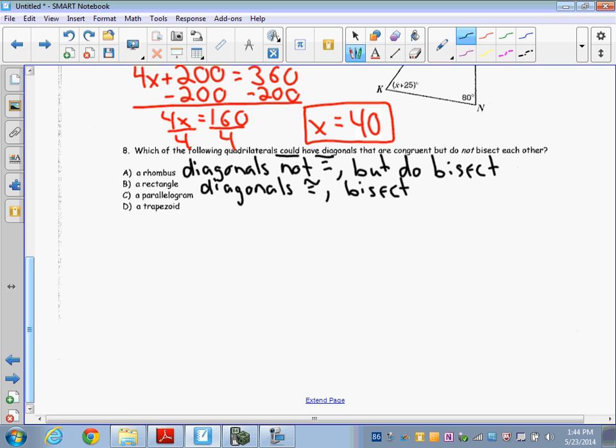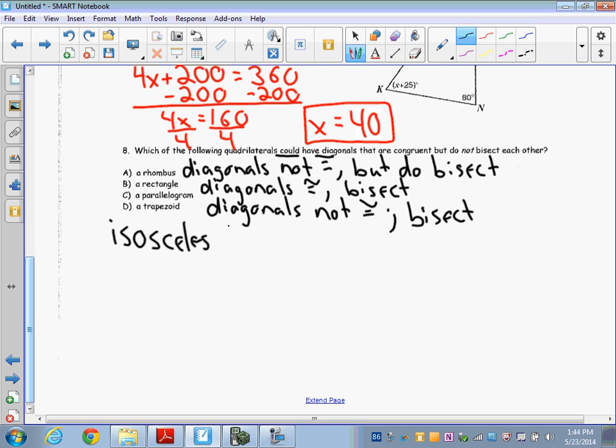A parallelogram, diagonals not congruent and they do bisect. Remember, if we go to page 1 of this presentation, you see that a trapezoid, isosceles trapezoid, the diagonals do bisect.